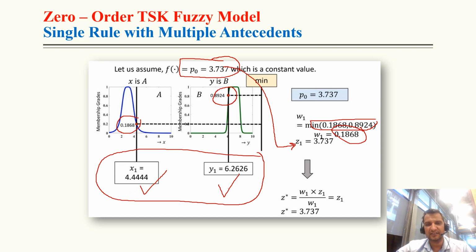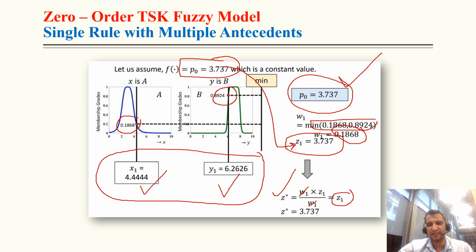Earlier it was x and y, that's why it was represented by y1. So y1 will be replaced by z1. Again we have to find out the aggregated output, w1 multiplied by z1 and w1, again w1 cancels out, so the final output will be z1, meaning whatever the constant value is, that will be our final crisp output.